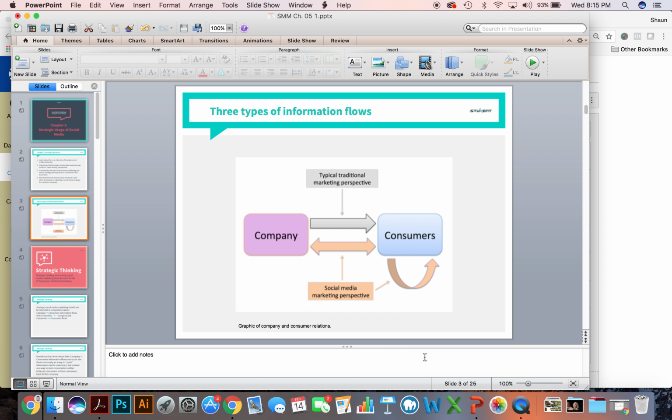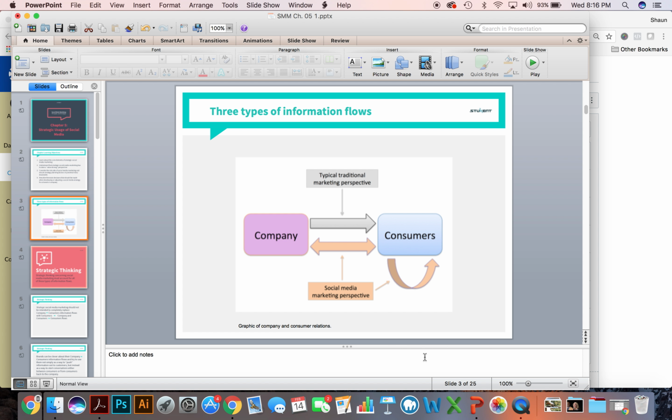Usually, with traditional advertising such as TV and mail and radio, the company pushes out messages. Social media is completely different because not only does it push out messages, but the company can get information back in the form of conversations from consumers. Not only that, but consumers can have conversations with other consumers about your brand or company on social.